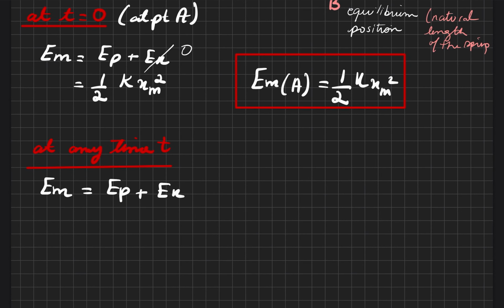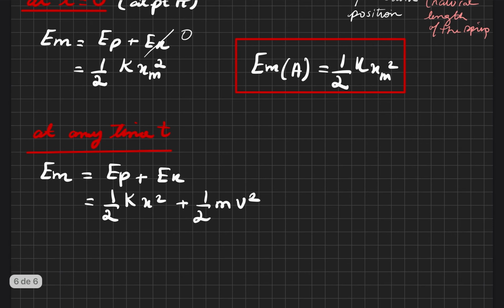Now let's continue. So half k x squared, where x is any x, plus half mv squared. Okay? Now let's continue.